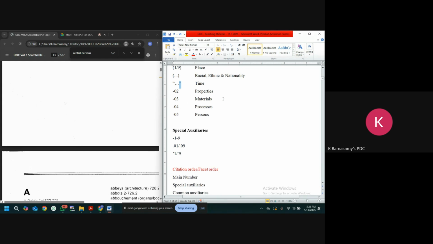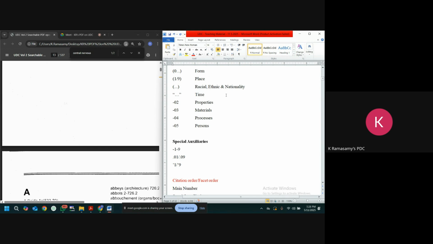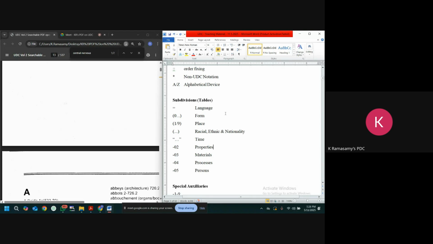Then come the common characteristics, which I told you are available in four different tables. -02 stands for properties, -03 materials, -04 processes, -05 persons. These are all table forms.